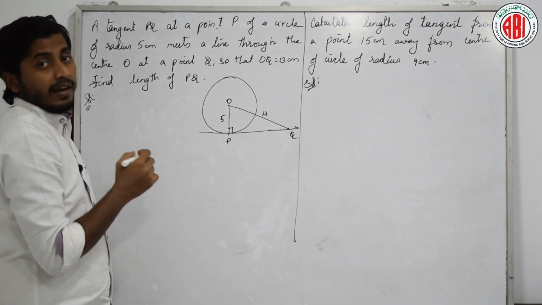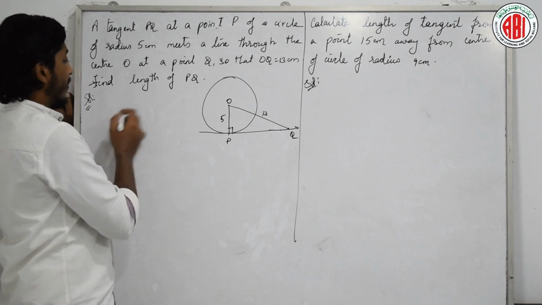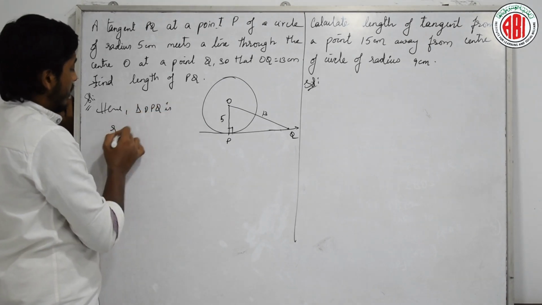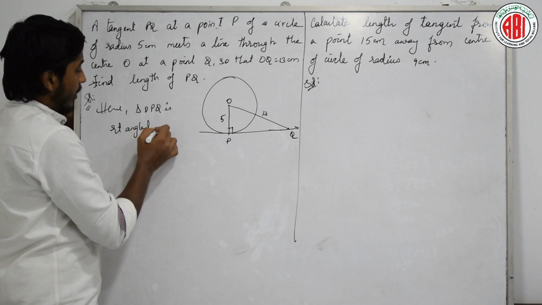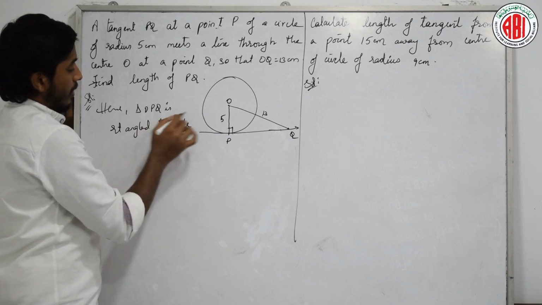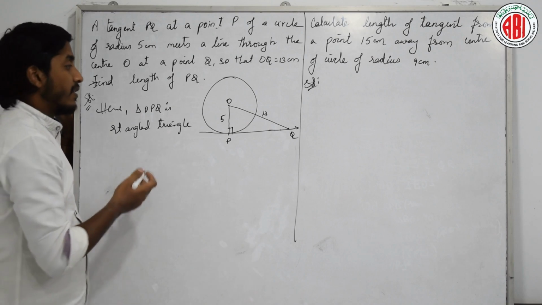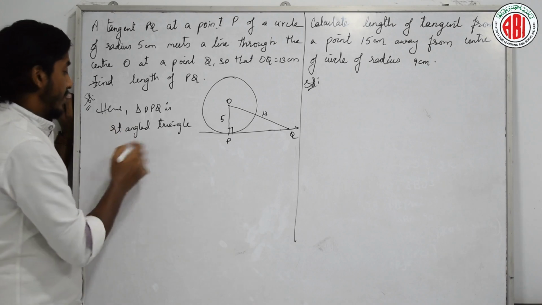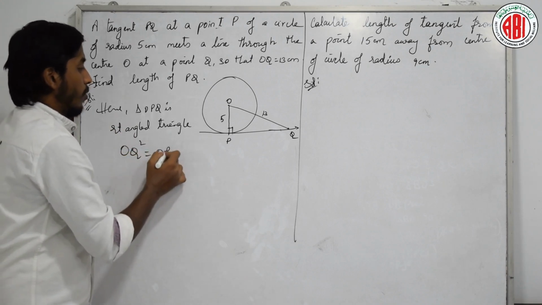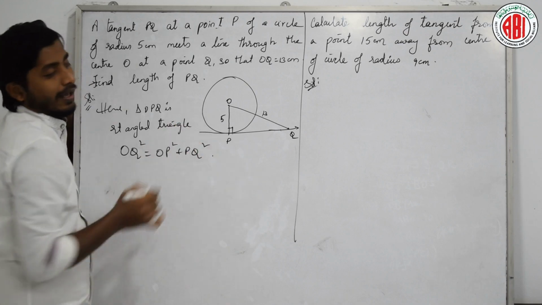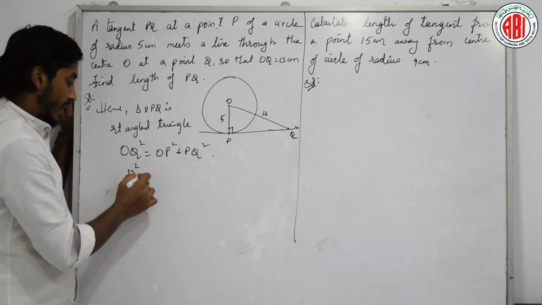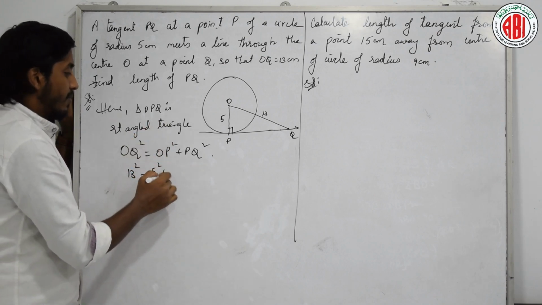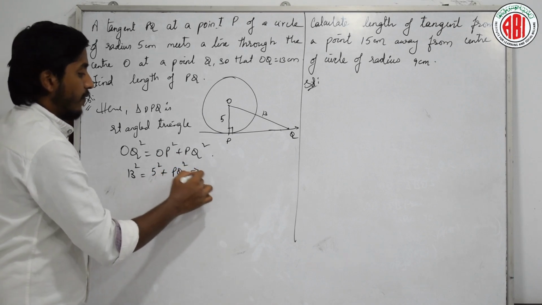What is this triangle? Right angle triangle. Therefore, here triangle OPQ is right angled triangle. Is it okay? Then according to Pythagoras theorem, hypotenuse square is equal to sum of squares of adjacent sides, that is OQ square is equal to OP square plus PQ square. OQ square is 13 square, OP square is 5 square, PQ square is what we have to find.